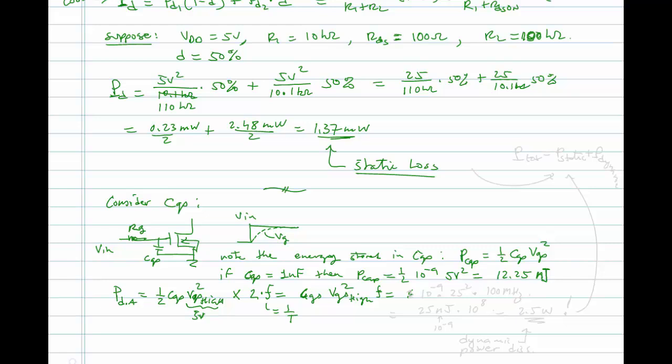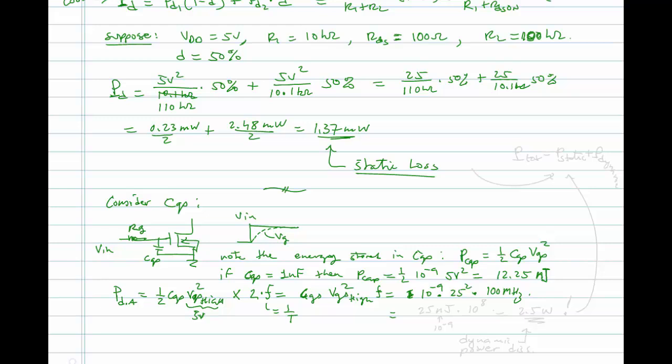So what does that mean? We have, let's say we're using the 1 nanofarad, so 10 to the minus 9. We go up to 5 volts, so it'll be 5 volts squared, 25. And then let's say our frequency is, we'll just make it slow for this, 100 megahertz. Okay, so what does that end up being?